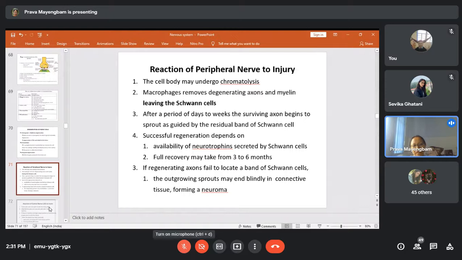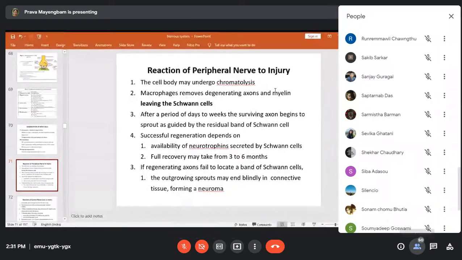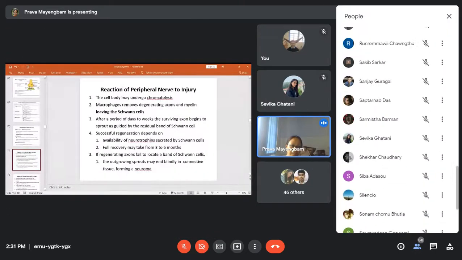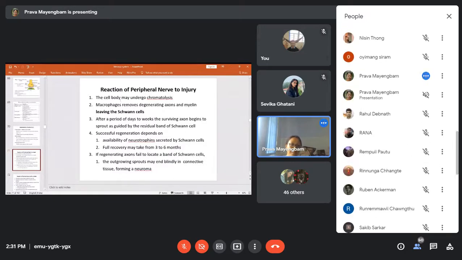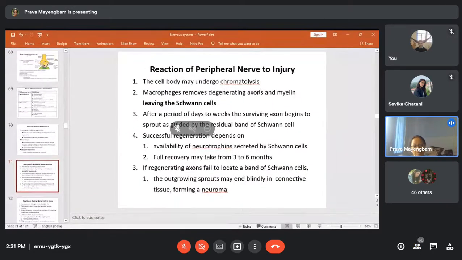Okay, so here what actually happens when the peripheral nerves are injured. When they are injured, the first reaction is that the cell body may undergo chromatolysis. That means the body swells up.